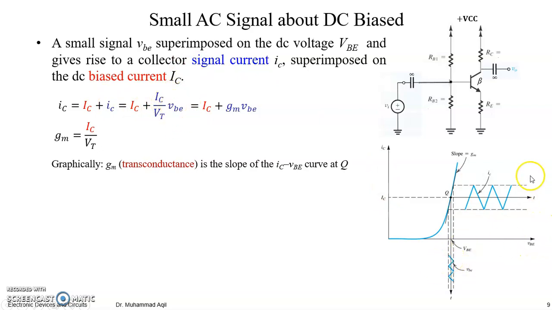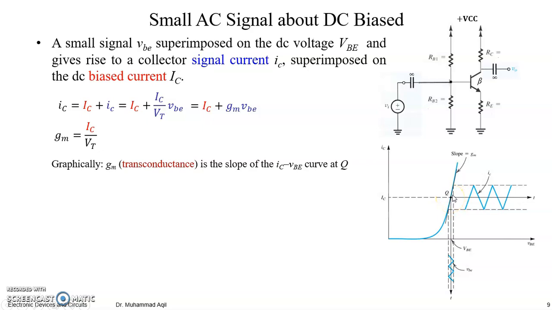So we can show this kind of relation on the input characteristics curve. So you have a transconductance of your BJT for the desired amplifier at the point where you have biased the transistor, the Q point, right?